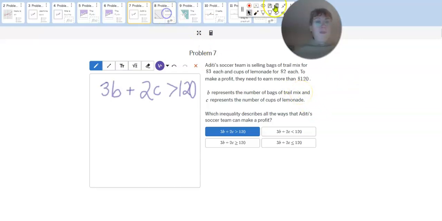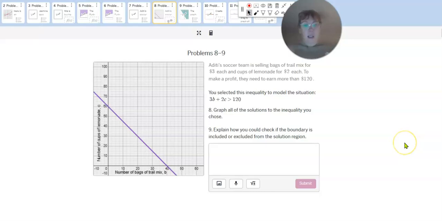Perfect. Slide 8. Same soccer team. We have our inequality. There's our inequality modeled. Graph all the solutions to the inequality. So let's pick a point. And if we pick the point 0, 0, we can even kind of think about this out loud.